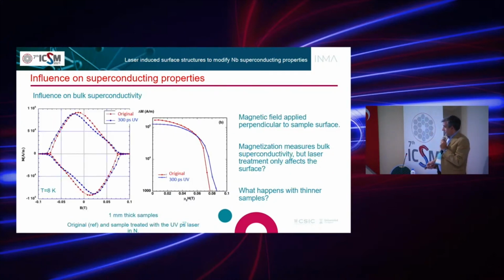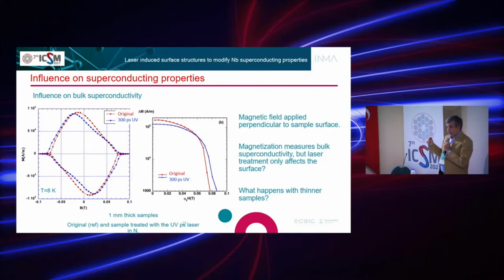When we measure the hysteresis loops, for instance, in this case, I show you what happened in a 1 millimeter thick sample, and we observe that we have a small decrease at low field, but when we go to high fields, the sample that has been processed with laser is better. But we are just modifying the surface.